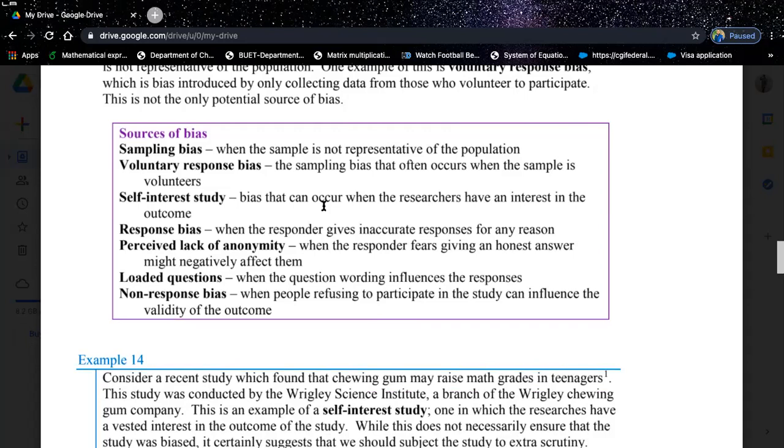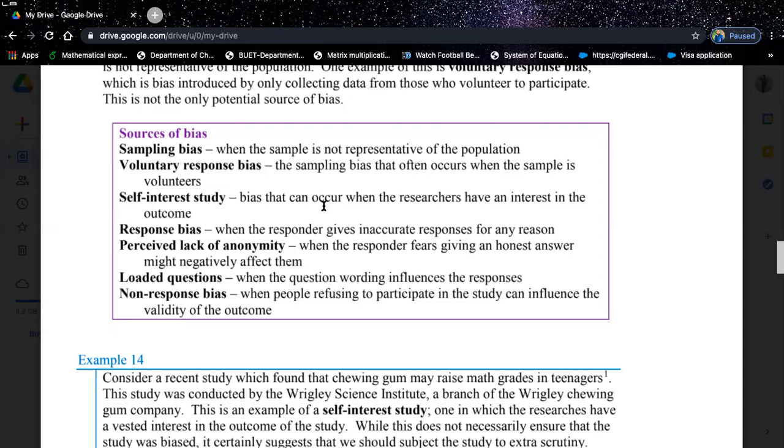I guess we have already discussed this particular problem. Obviously you need to choose a sample, because in most cases you can't collect data from each and every one of a population, especially when it's really big. So you need to choose a sample which should be representative of the entire population.